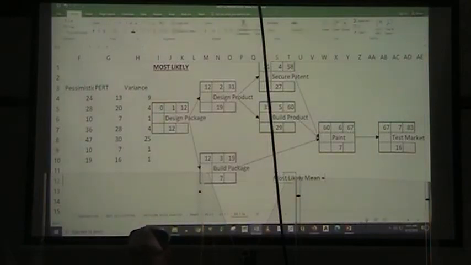Mean just means that it is the average time we would expect this to be done in. So equals 83.